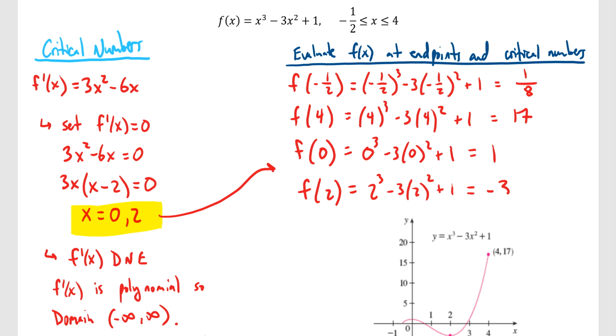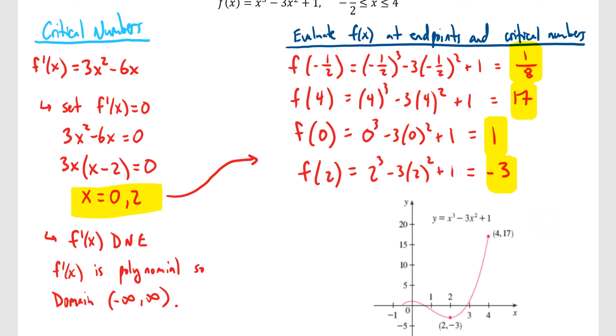And that's going to give us -3. Okay, so now we can just compare and see which value is the largest, which value is the smallest. That will be our absolute max and our absolute min.